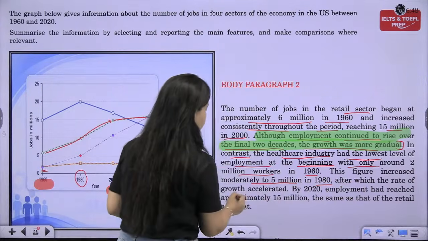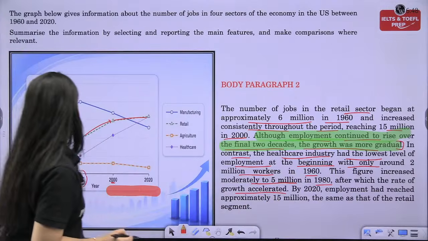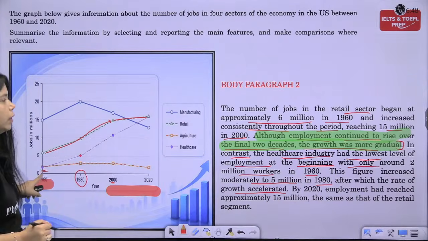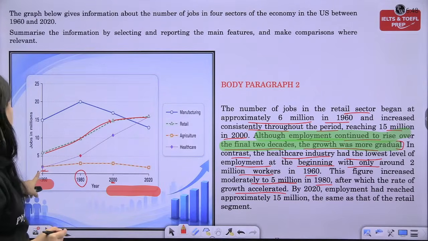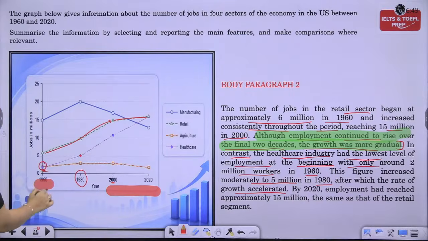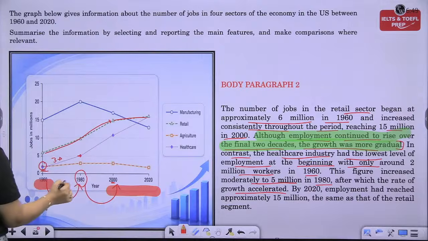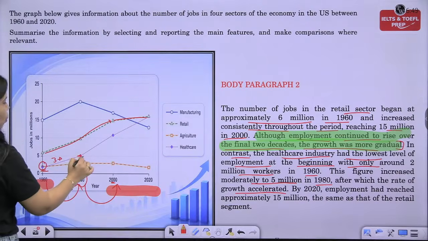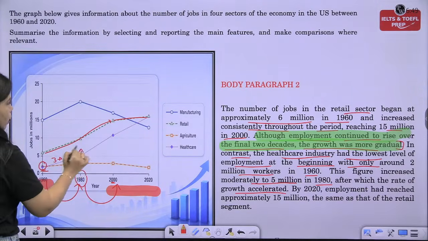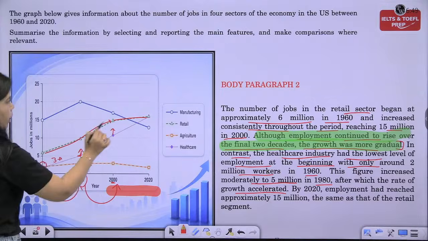After which the rate of growth accelerated. Look, how many million was it at the start? I'm reporting it at 2 million. Now in these 20 years, from 2 million, it went up to 5 million. That means an increment of 3 million. But in the next 20 years, from 1980 to 2000, from 5 million, it went beyond 10 million.